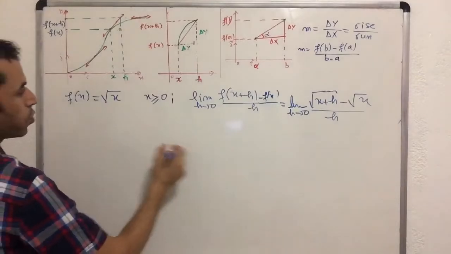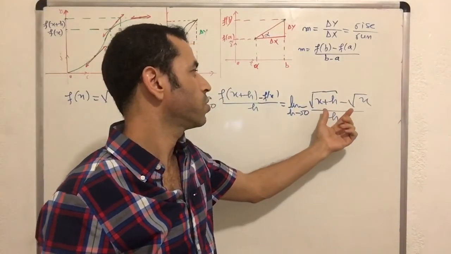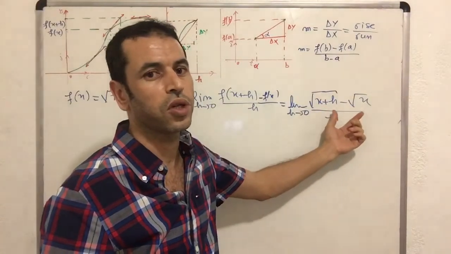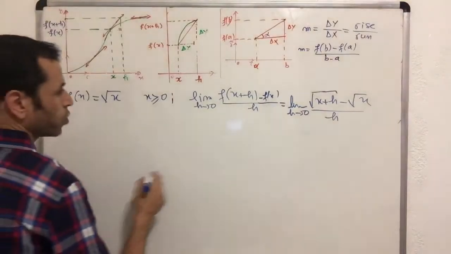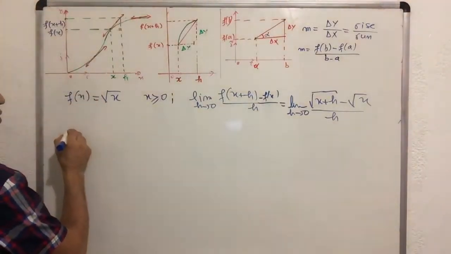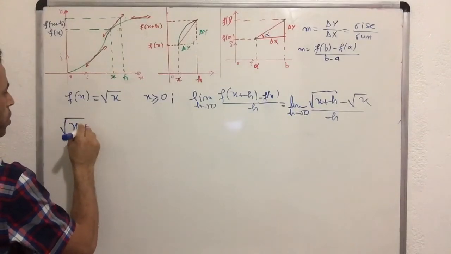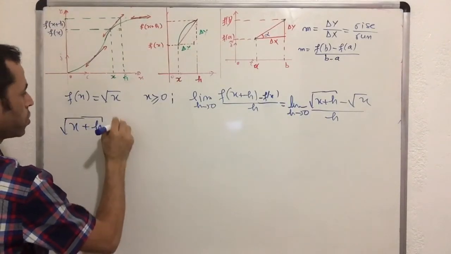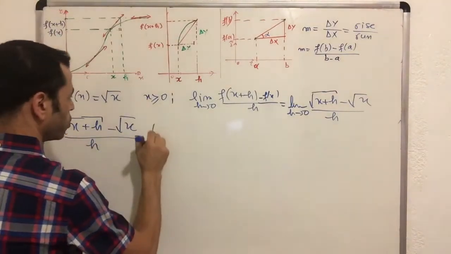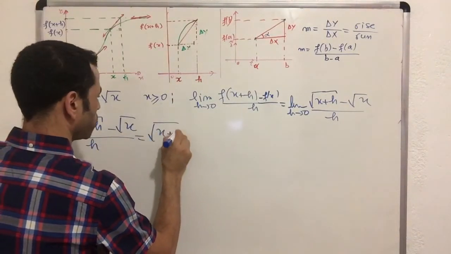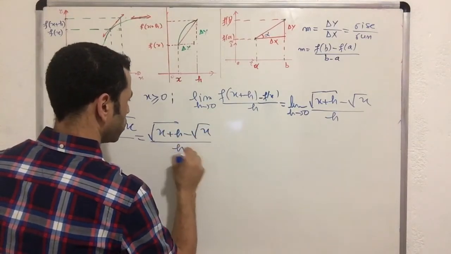When you see the square root, most of the time you are using the conjugate. Let's do the conjugate now to solve this one. So let's start: the square root of x plus h minus the square root of x over h.